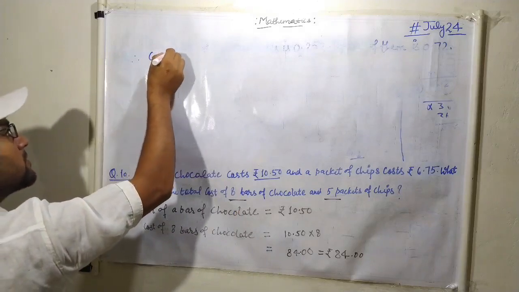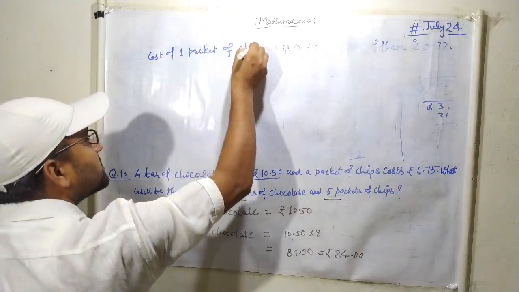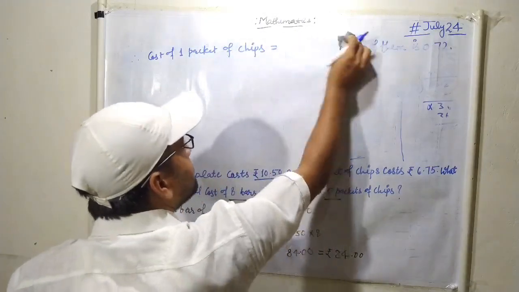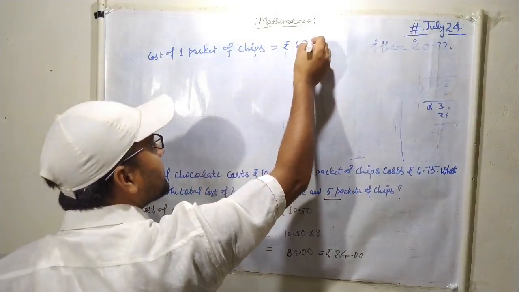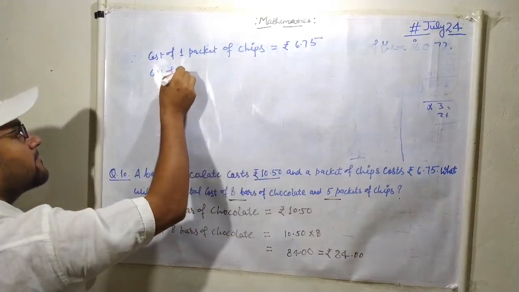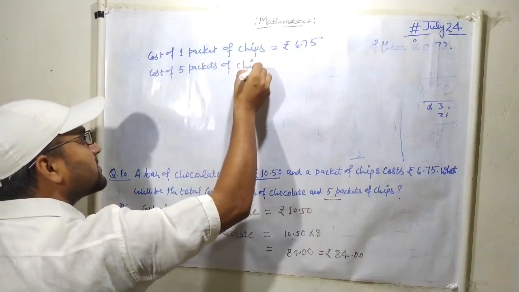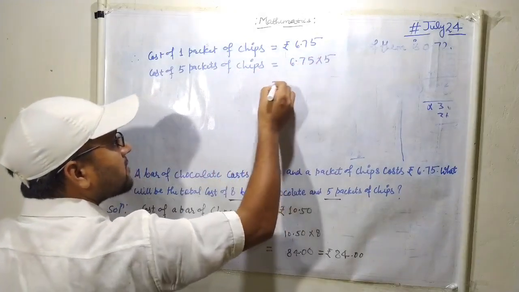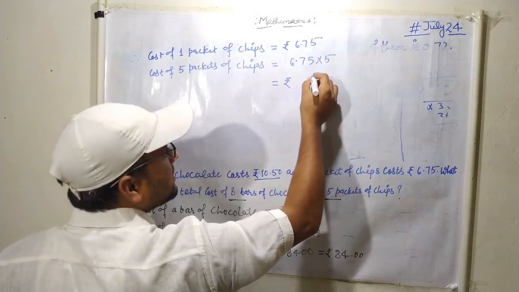The cost of 1 packet of chips is equal to rupees 6.75. So what is the cost of 5 packets of chips? 6.75 multiplied by 5. 5 fives are 25, 5 sevens are 35 plus 2 is 37, 3.